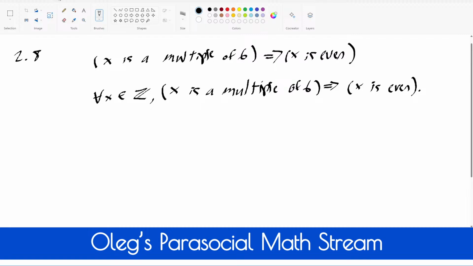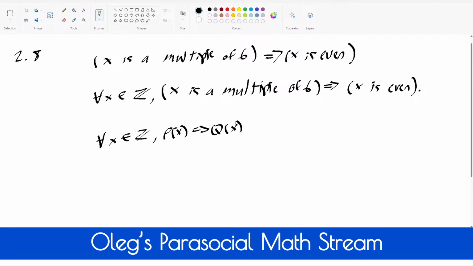In general, given any two open sentences, P of x and Q of x, about integers x, the expression: for all x integers, P of x implies Q of x. So this is P implies Q. Whenever we have an implication, the way I tend to think about it is P is the cause and Q is the effect.